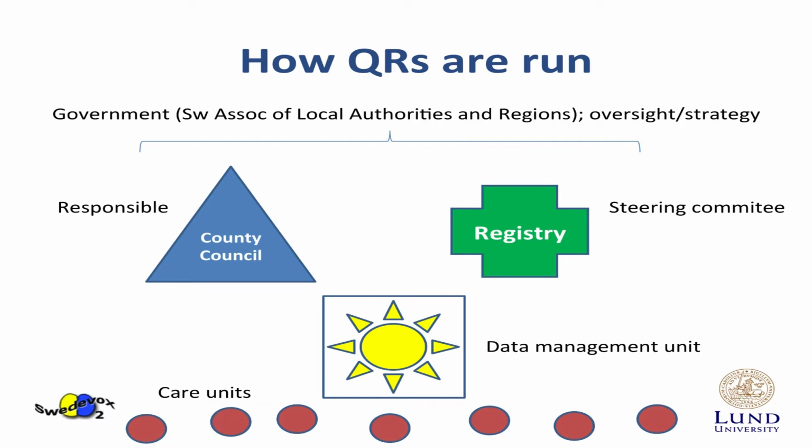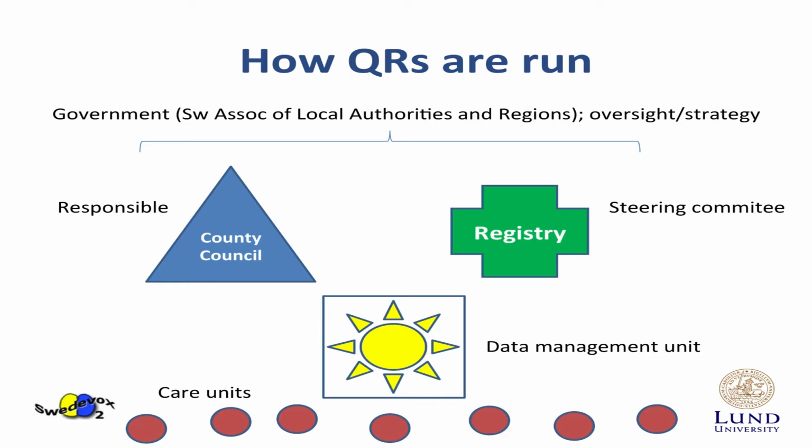So we have this county council, and they don't do much. They process the applications, the data requests. And then the registry is still run by, for example, the specialty group, like the College of Physicians in Sweden. They appoint a steering committee which decides what to do with the register, which data to include.